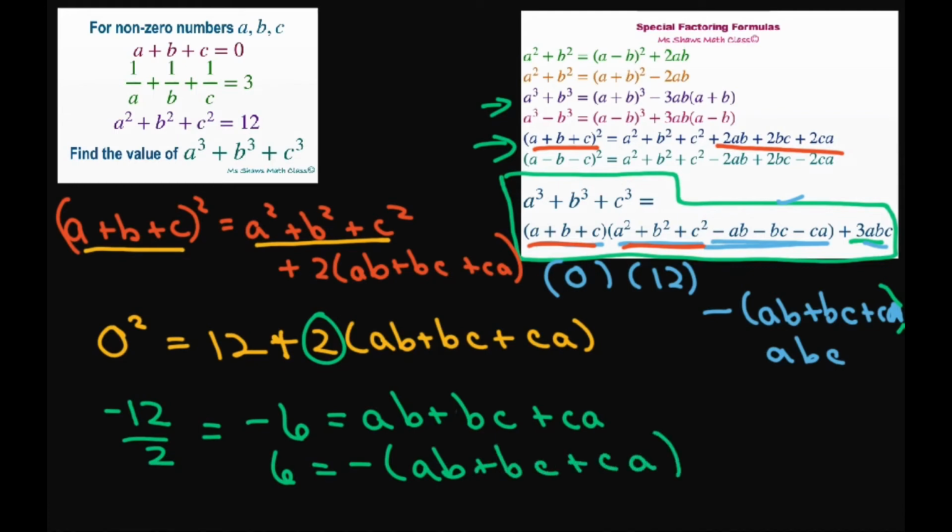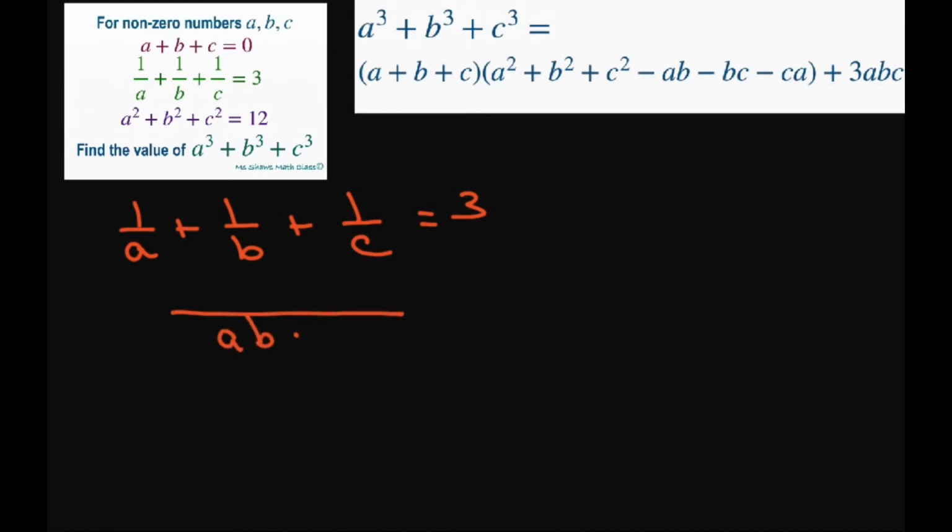All right, now that we have that, let's look at this equation, and we're going to use this equation to get our abc, what we need for this part right here of our equation. So for that, we're going to get 1 divided by a plus 1 divided by b plus 1 divided by c equals 3. Now your common denominator is going to be abc.